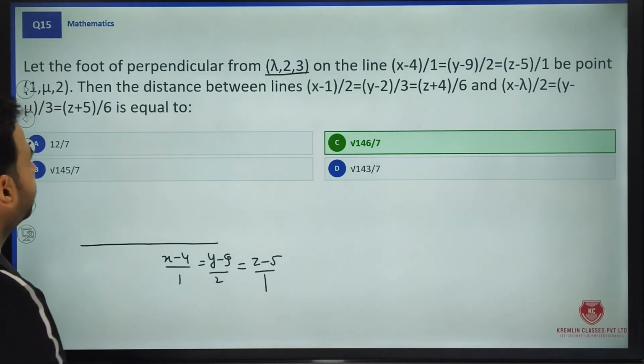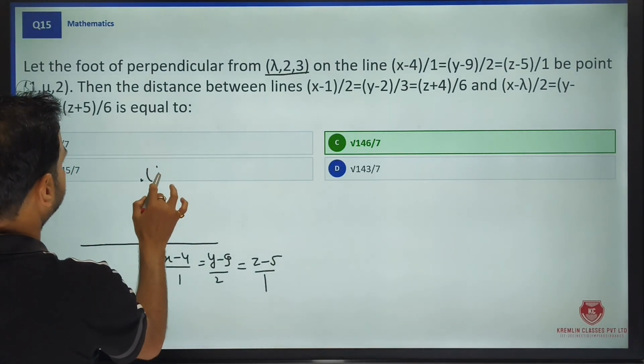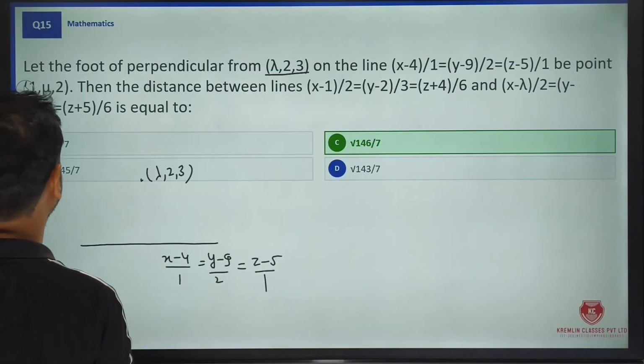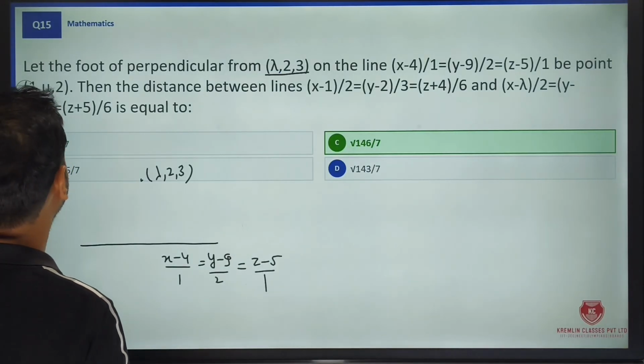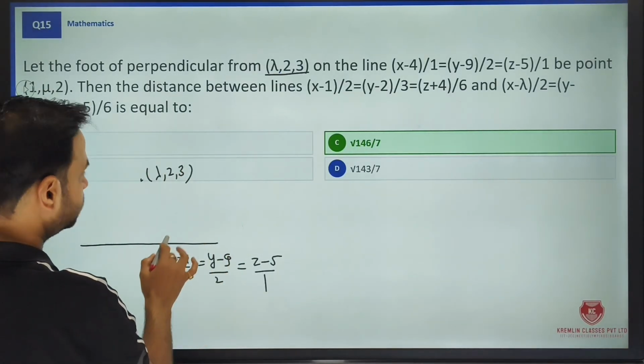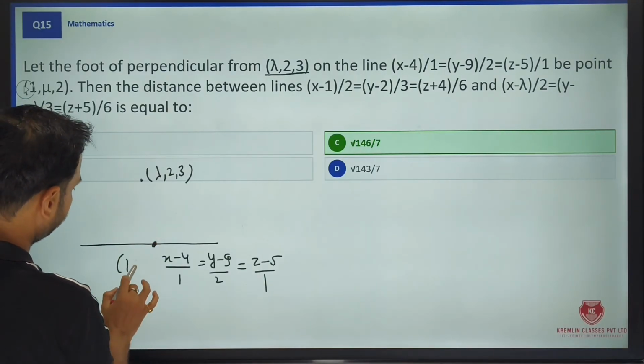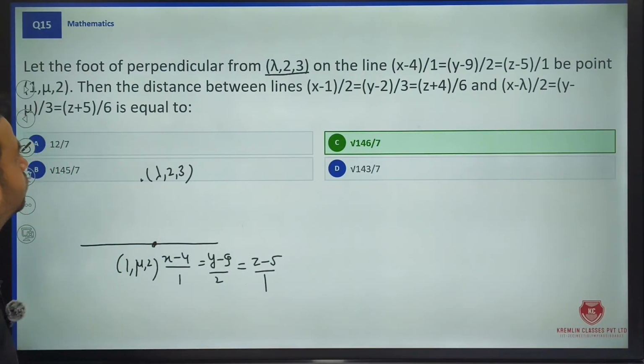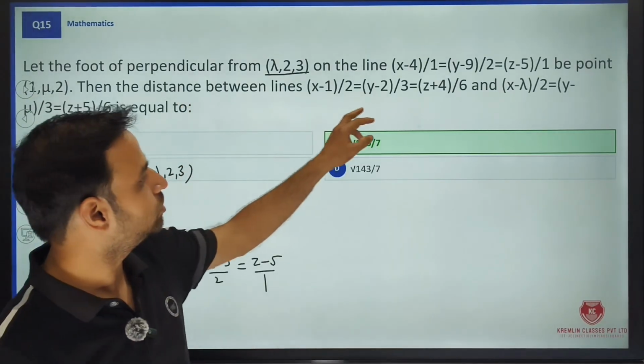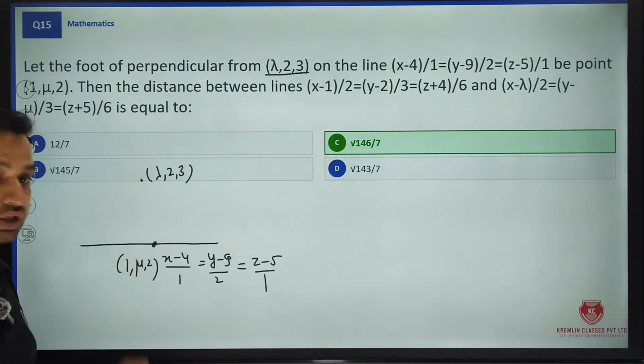The point lambda, 2, 3 is given here. Let the foot of the perpendicular on this line be 1, nu, 2.